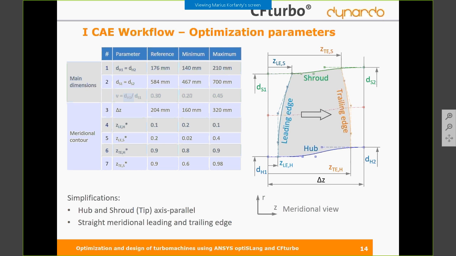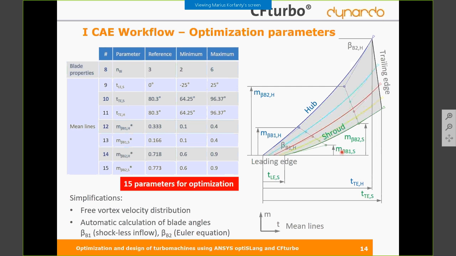Two simplifications have been made. Hub and shroud are axis parallel, and we have just a straight leading and a straight trailing edge. In addition, the number of blades, but also the tangential coordinate of the leading and trailing edge at hub and shroud, has been set as parameters too.